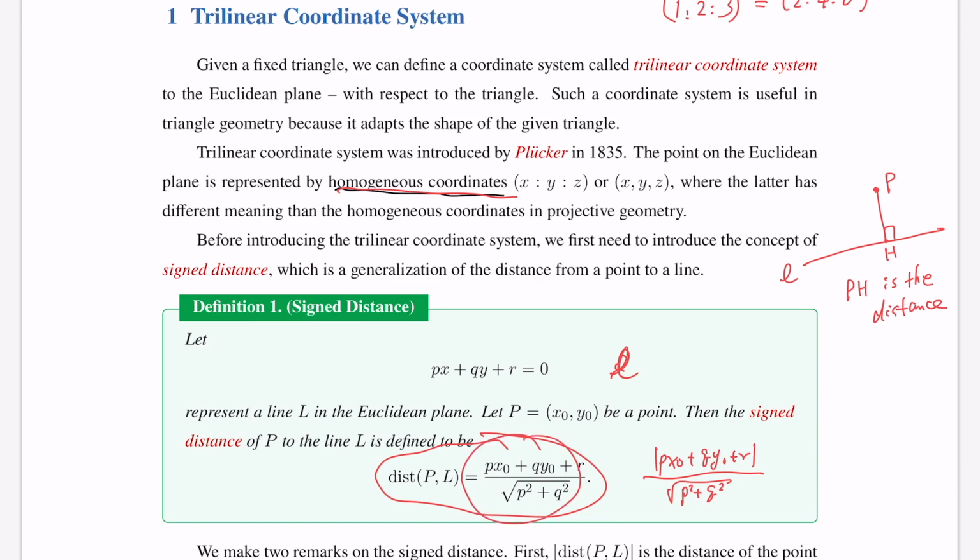But this formula is much simpler because it is simply a linear function of x0 and y0. And this is much more complicated because you start with a linear function and you take the absolute value, which makes it a composition of a function with the absolute value. So it does not have as many applications as the signed distance.